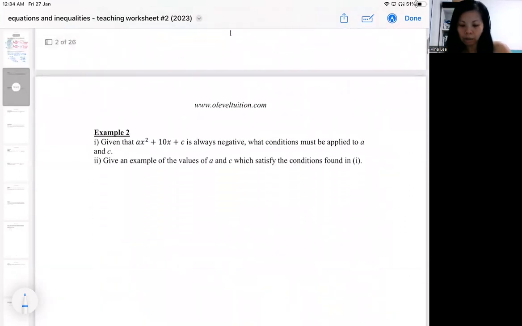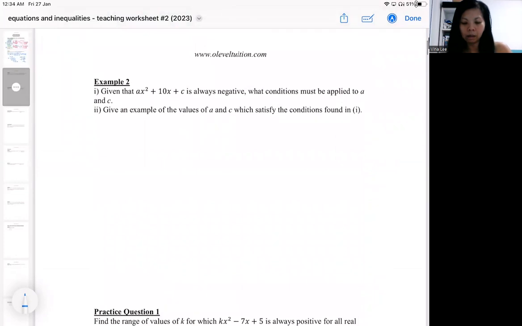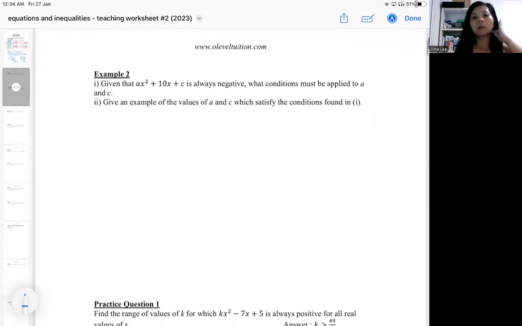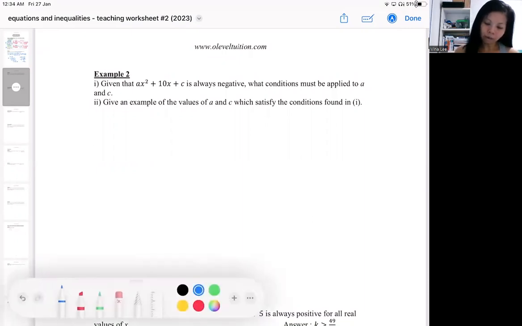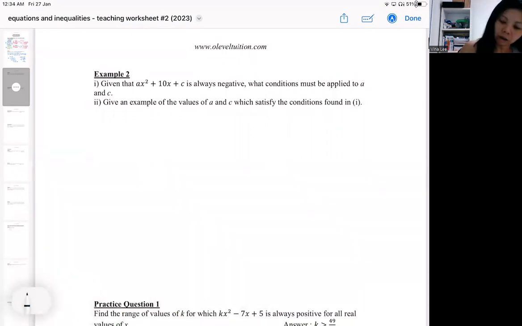Okay, so let's talk about the second type of question. If you look at example 2, I got a quadratic function that is always negative. So the implication will be the graph is below the x-axis.